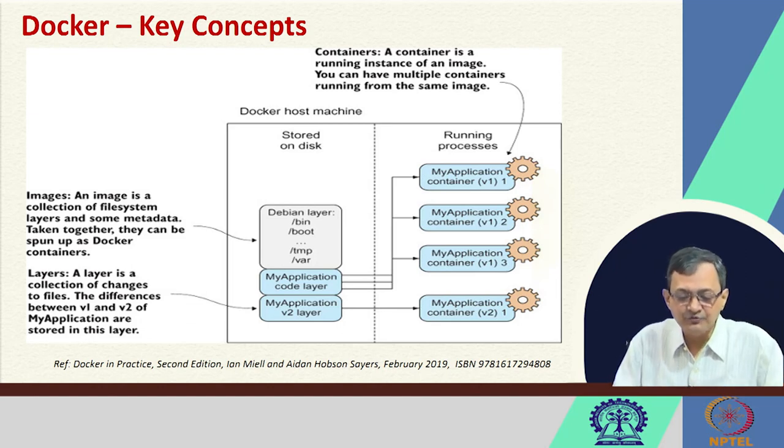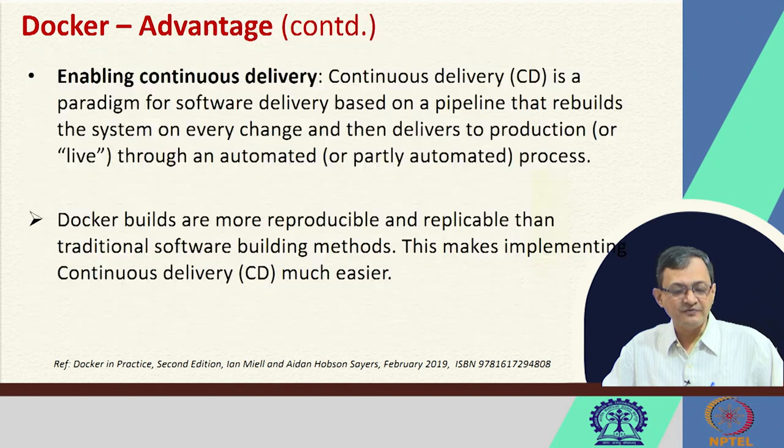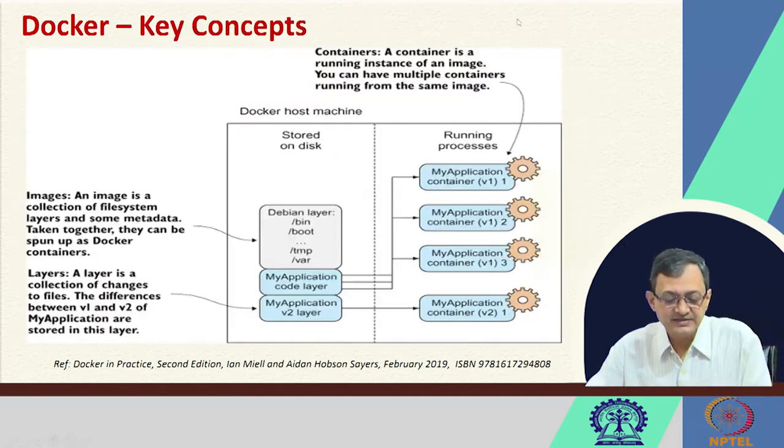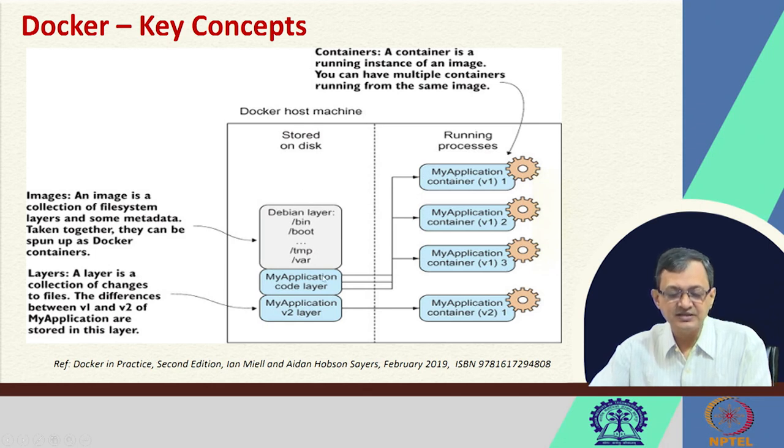Now, the key concepts of Docker. There is a layered structure stored on the host machine: say the Debian layer, or the Linux variant layer, then my application code layer, then maybe an application V1 and an application V2 layer.